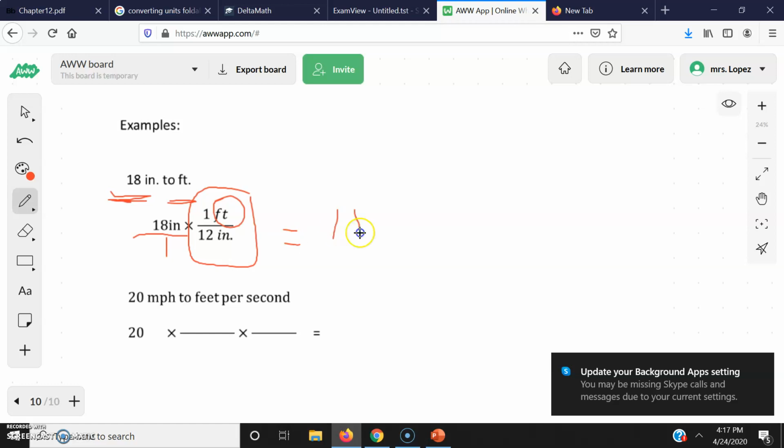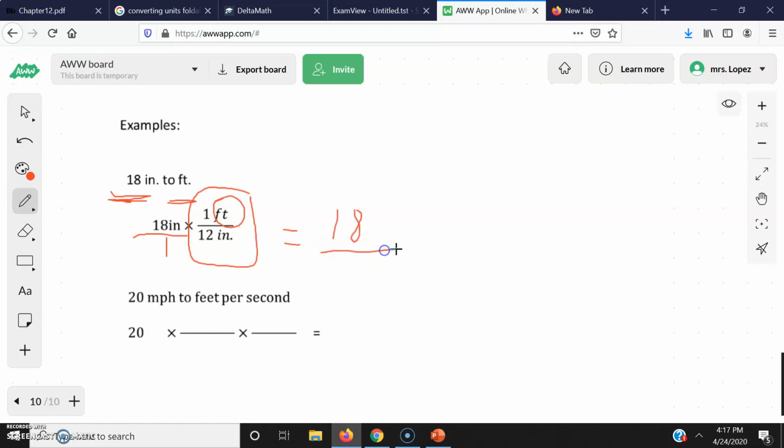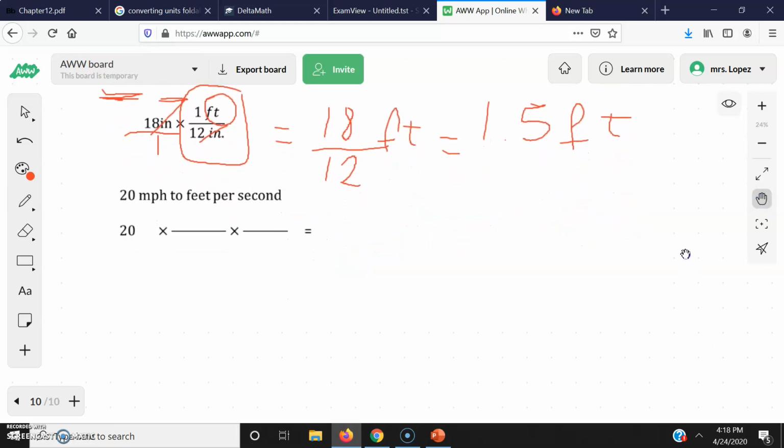So I will have 18 times 1 over 12. Inches and inches cancel. And that gives me the units that I wanted. What is 18 divided by 12? 1.5 feet.